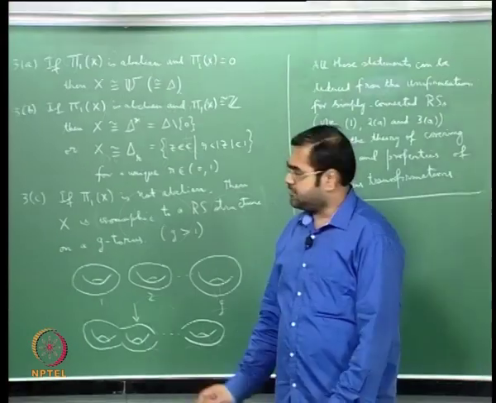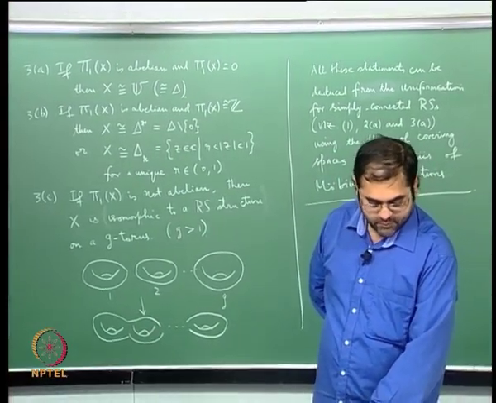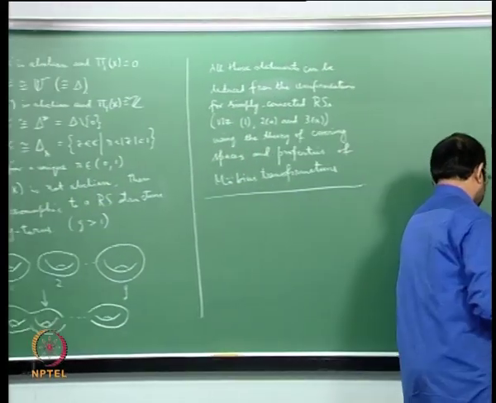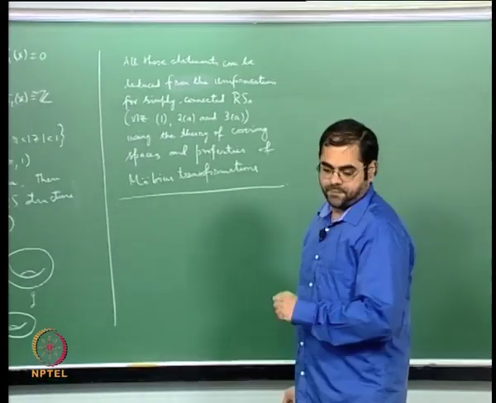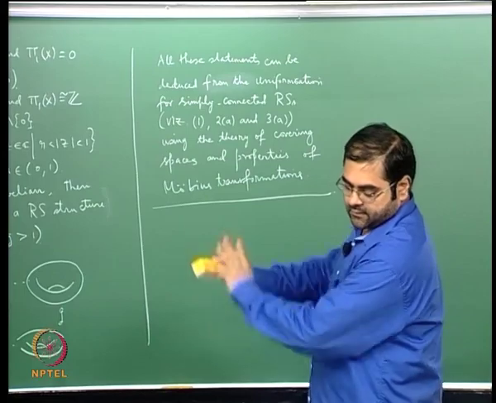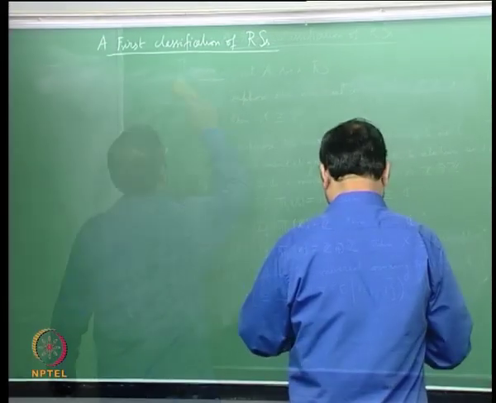What I am going to do next is draw another diagram. I am going to rub out all this and draw another diagram, to give you a pictorial view of this classification.